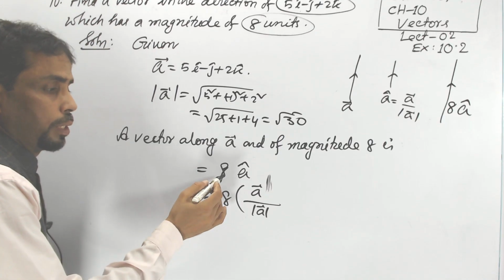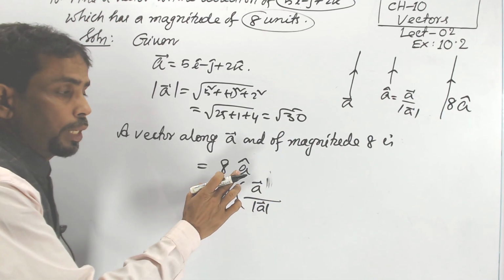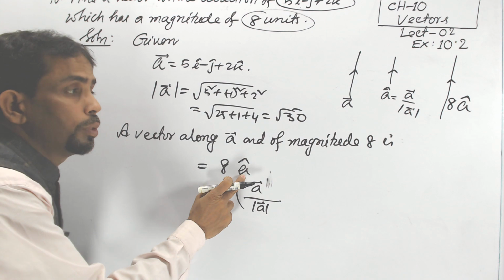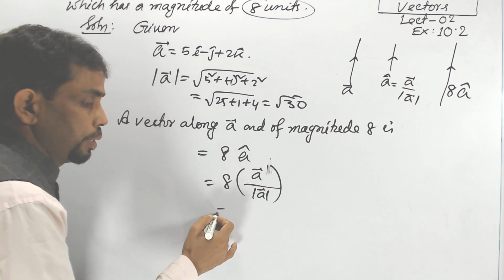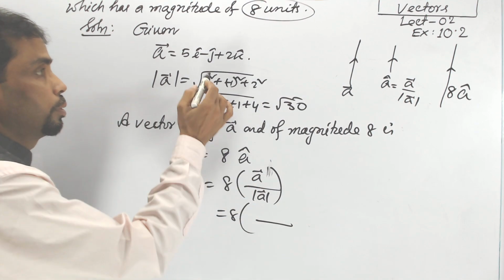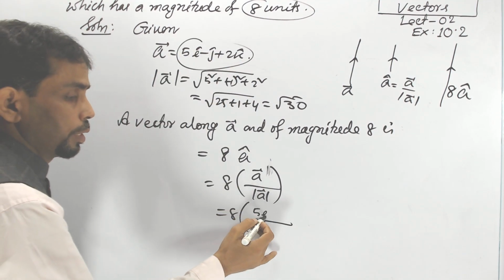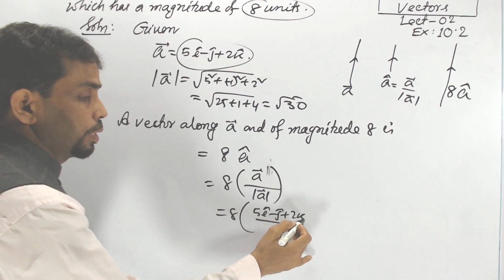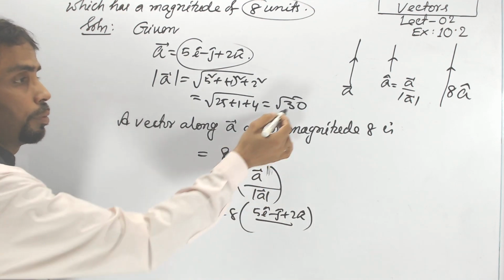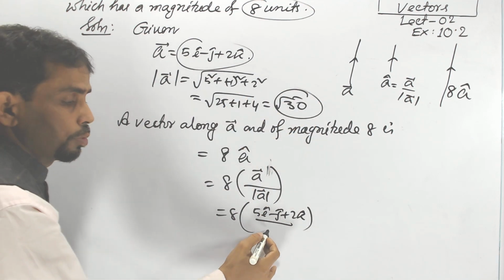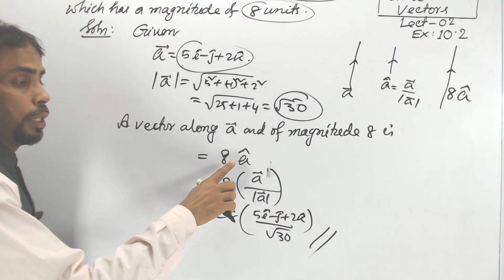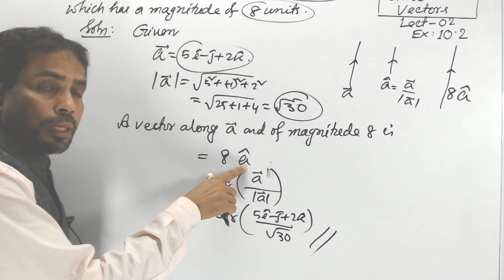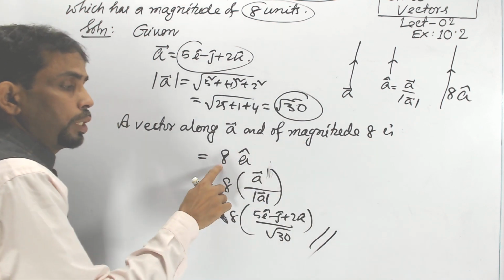And then the required vector is 8 into A cap, because A cap means magnitude 1, but you need magnitude 8, so multiply by 8 into A cap. So it is 8 into the vector, this is the one given, plus 2k, divided by square root of 30. Magnitude of A is square root of 30. So this is the required vector. You remember, unit vector means magnitude 1, and you want to make magnitude 8, that's why 8 into A cap.